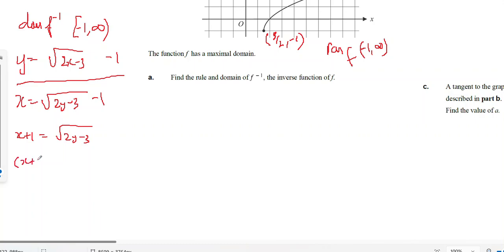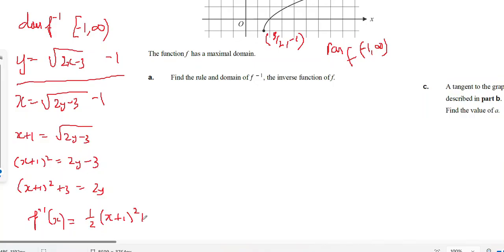Square both sides: x plus 1 squared equals 2y minus 3, so x plus 1 squared plus 3 equals 2y. Therefore, the inverse function will be 1/2 (x plus 1) squared plus 3 on 2. So that's the rule, that's the domain.